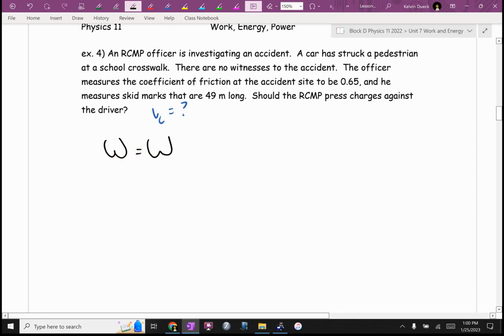That has to be right. No way that can be wrong. You agree with me? But now we're going to write both versions of work. On the left-hand side, force times distance. And on the right-hand side, change in PE plus change in KE, the work energy theorem.